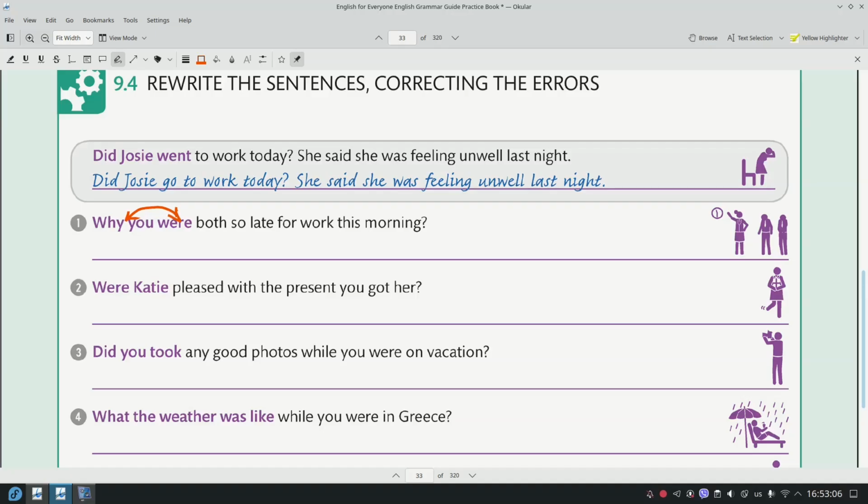Number 2. Were Katie pleased with the present you got her? Katie, we can replace Katie with the pronoun she, and for she, he, it, I, we need was. Was Katie pleased with the present you got her?